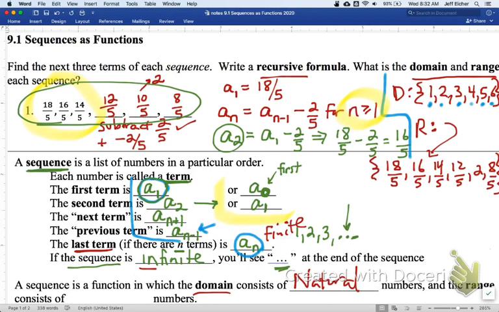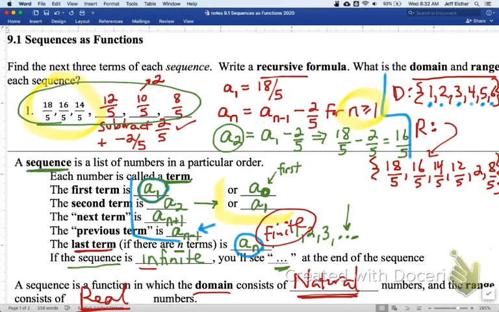Oh, there it is. And the range consists of real numbers. Now, this doesn't mean that we use all real numbers or that we use all natural numbers. If it's a finite sequence, then we just have some natural numbers and some real numbers. So those are sequences in general.